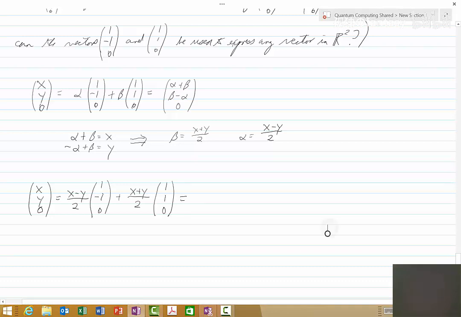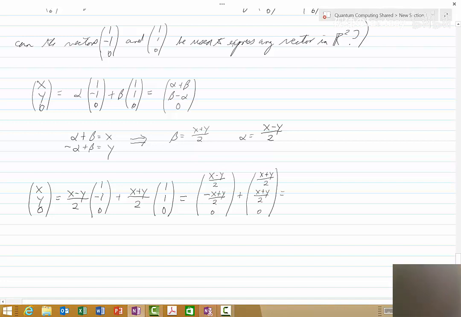Let's just check it. So the first vector would become x minus y over 2, and then negative x plus y over 2, 0. And the second vector would be x plus y over 2, x plus y over 2, 0.